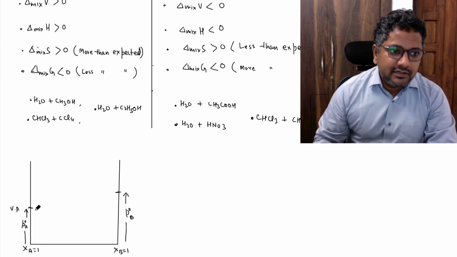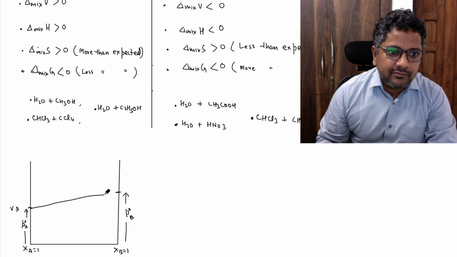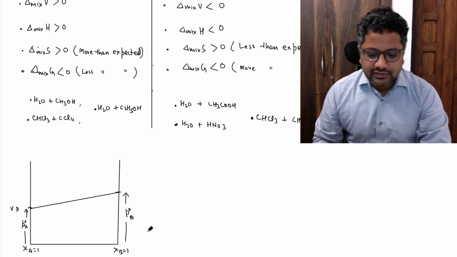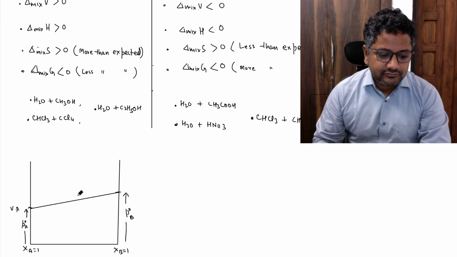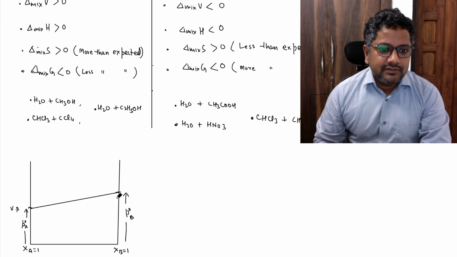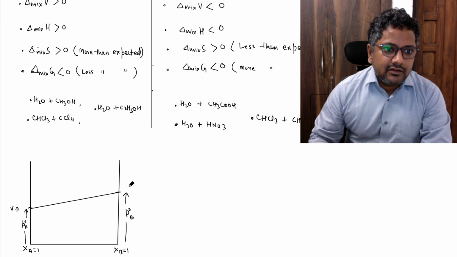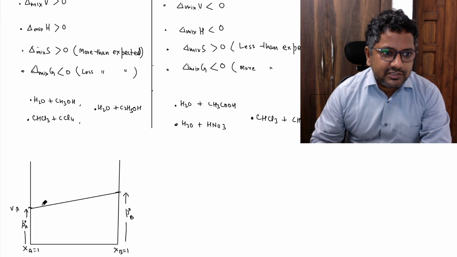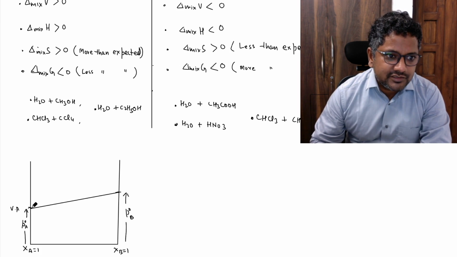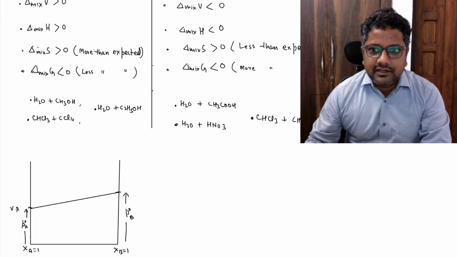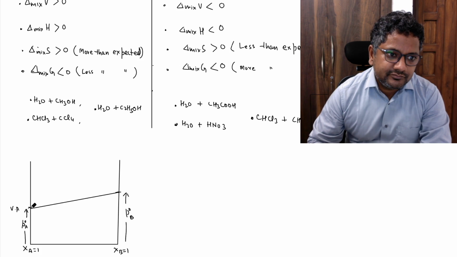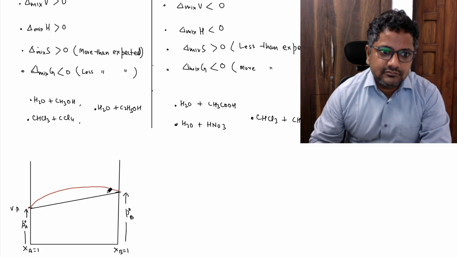So the ideal vapor pressure of the solution is given like this, right? So this is the ideal vapor pressure of the solution. And what about this real solution showing positive deviation? Positive deviation means this line is not like this straight line. Now this line is like this, right?